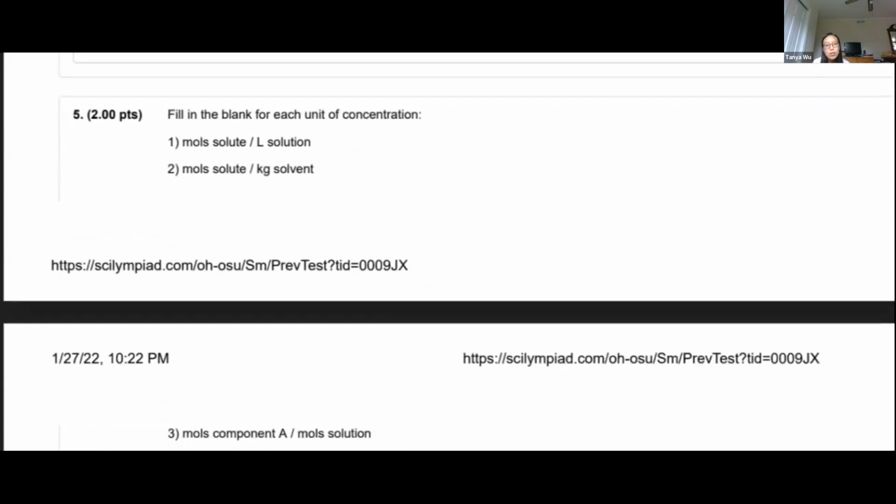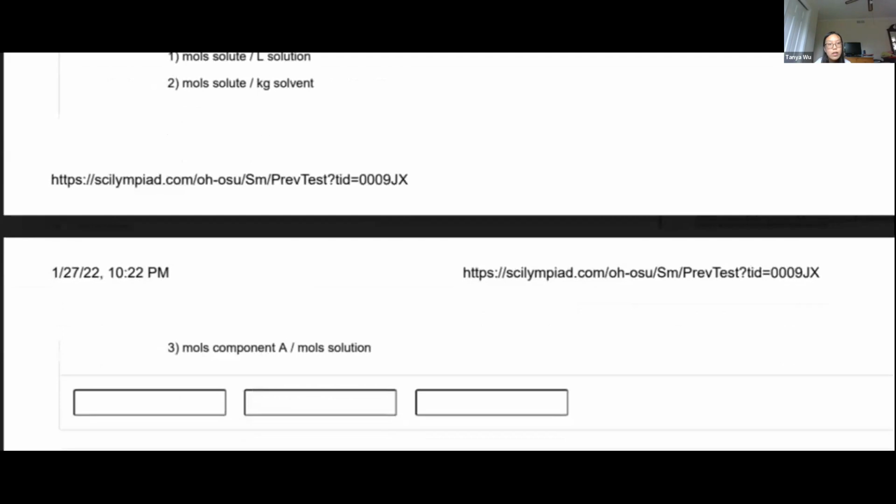This one would be pretty hard without memorizing it since I went over them really briefly. So I'm just gonna tell you these. Okay. Moles of solute over liters of solution, that is molarity. Molarity is actually really commonly used. Okay, moles solute over kilogram solvent, that's molality.